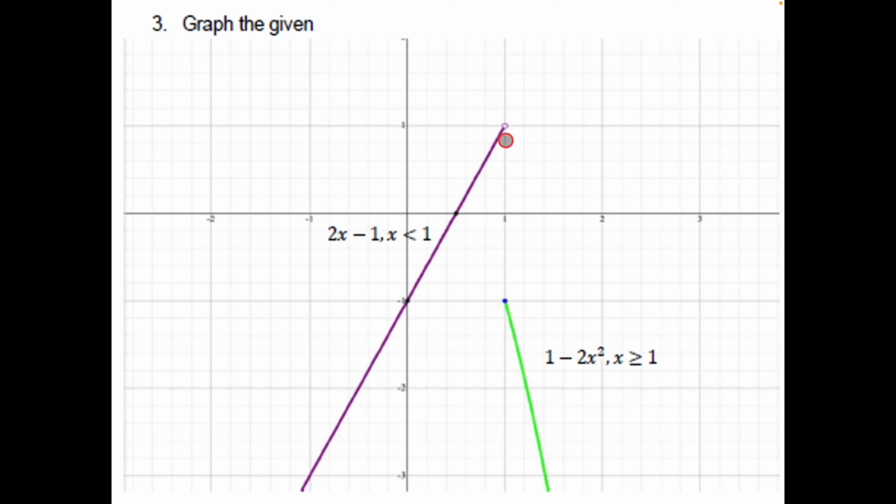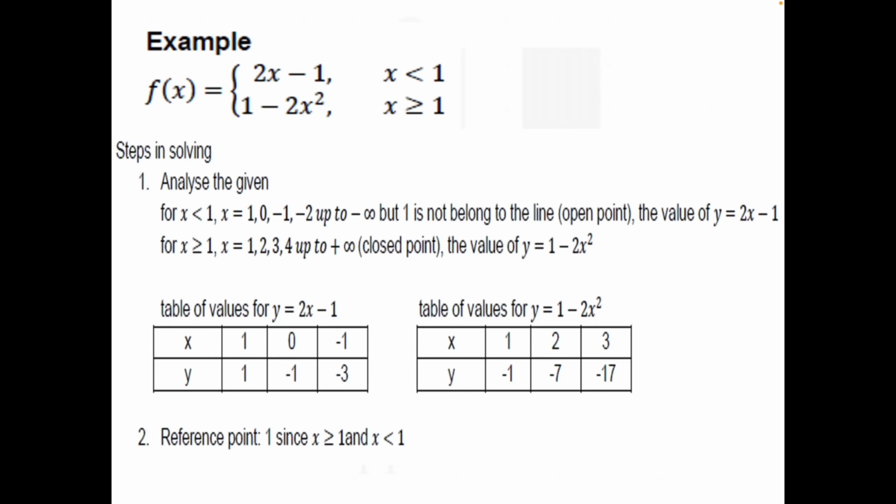This is 1 and 1. Tapos, this will be negative 1 and 0. So, kung babalikan natin yung ating graph kanina, meron tayo ditong 1, 1, 0, negative 1, and 3.